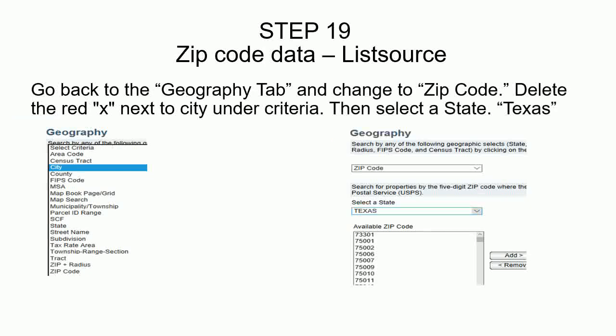Step 19. This step is pivotal in extracting zip code-specific demographic data points. Go back to the Geography tab and change criteria from city to zip code. Next, you will select the state. You will not select the city in this example because you want to gather the information based upon the zip code's characteristics.